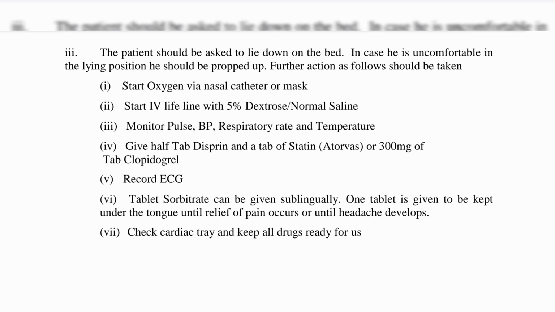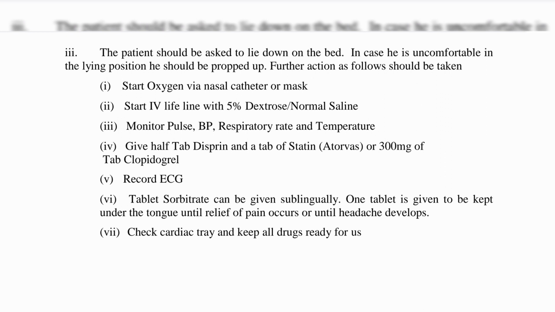III. The patient should be asked to lie down on the bed. In case he is uncomfortable in the lying position, he should be propped up. Further action as follows should be taken. I. Start oxygen via nasal catheter or mask. II. Start an IV lifeline with 5% dextrose normal saline. III. Monitor pulse, BP, respiratory rate, and temperature. IV.